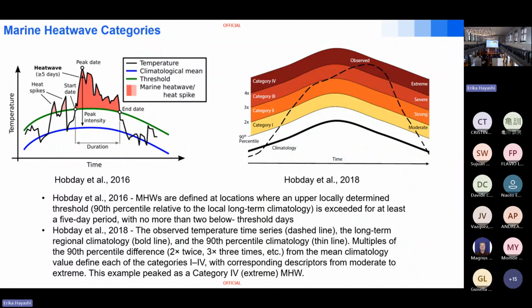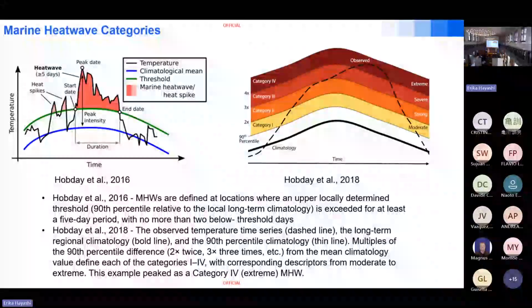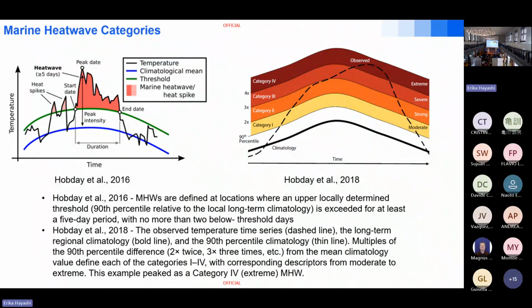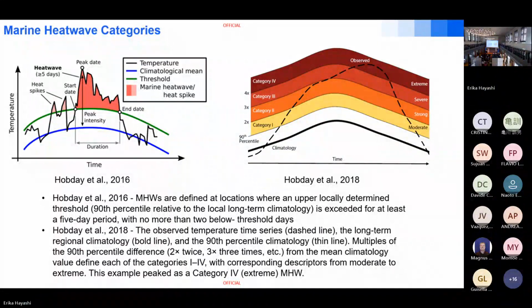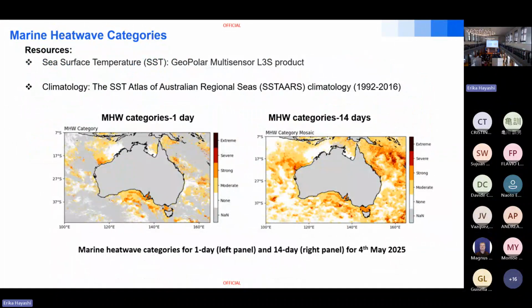For that long-term climatology, we are using 50th percentile. So for categorization, we consider that difference between 90th percentile and 50th percentile of the STARS climatology non-seasonal. This is what we get from that definition. So again, left-hand side is from 1 day SST, and the right-hand side from 14 days.